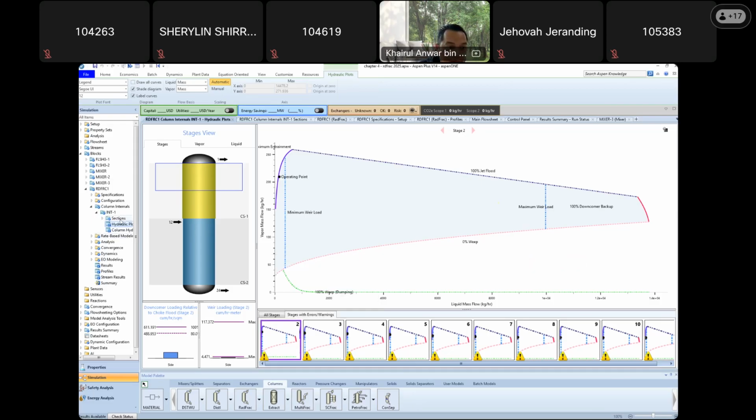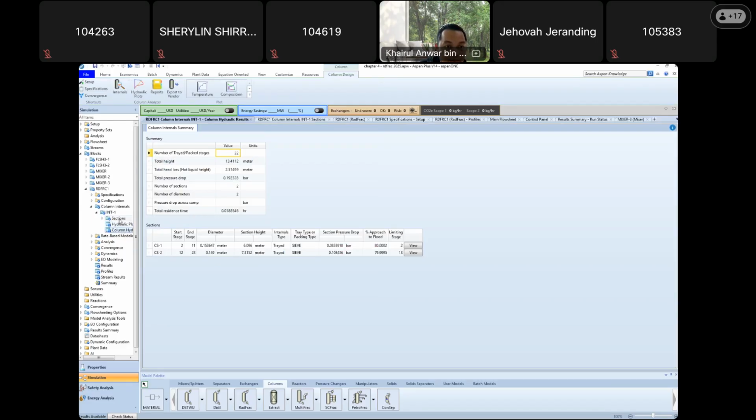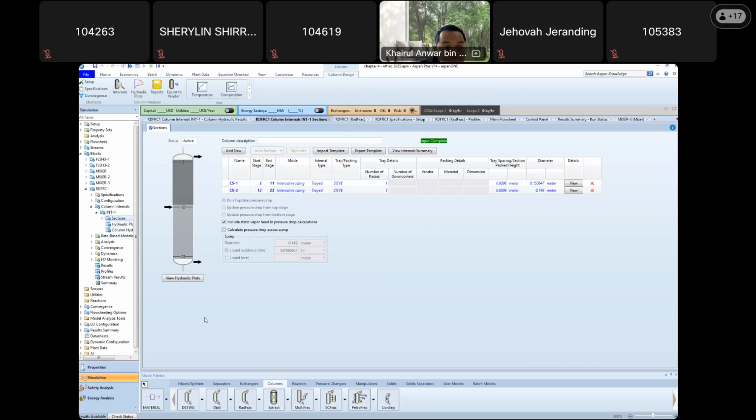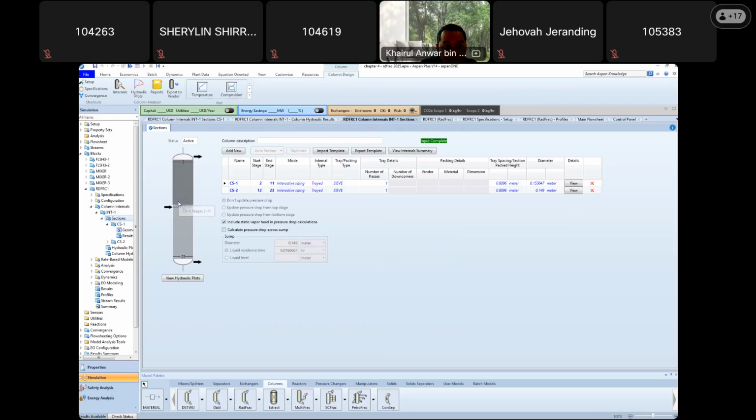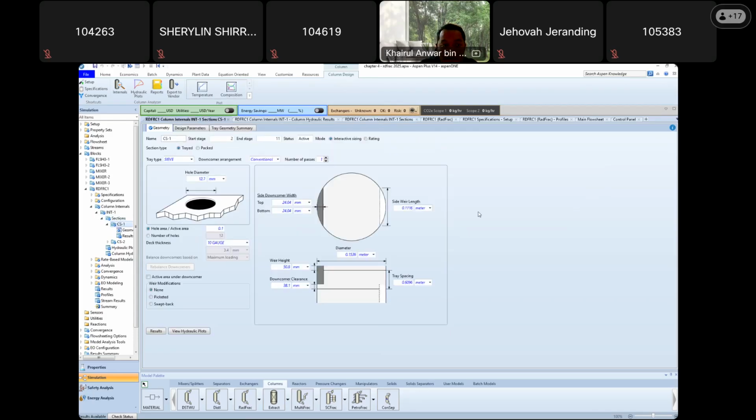Press geometry. This is based on CS1, stages 2 to 11. The tray arrangement is conventional.